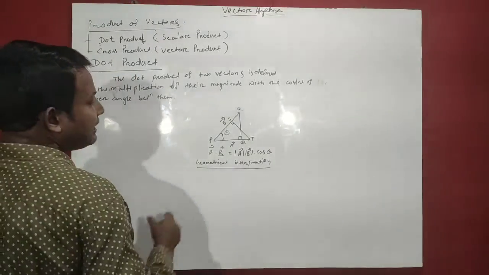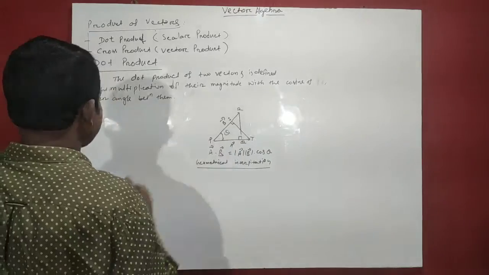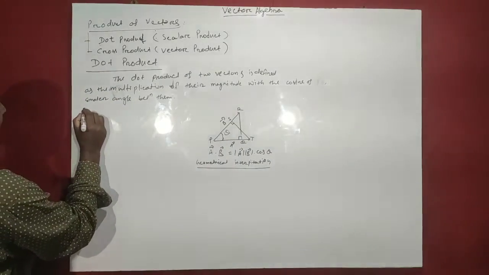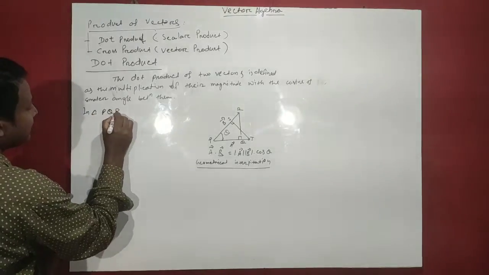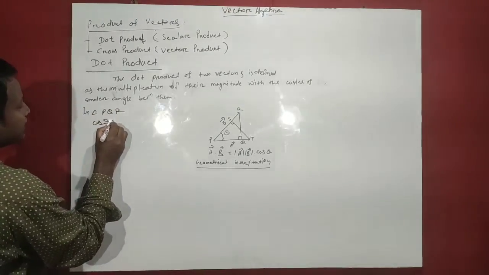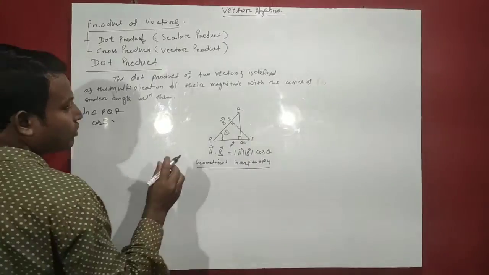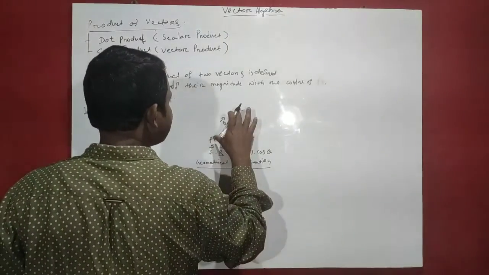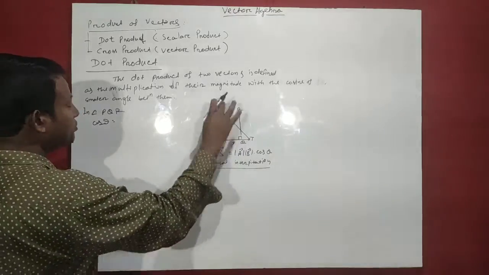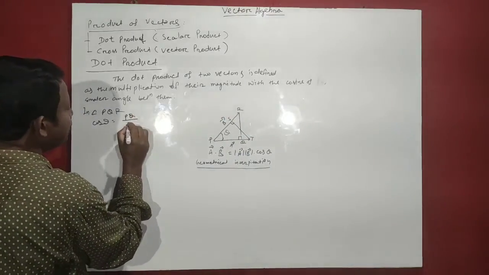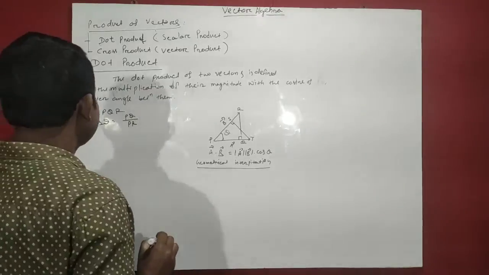In triangle PQR, cos theta is equal to base by hypotenuse, that is PQ by PR.